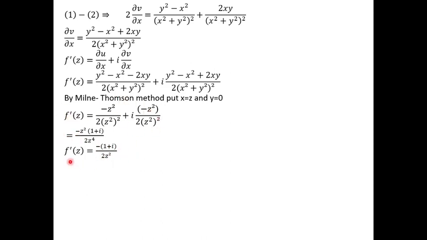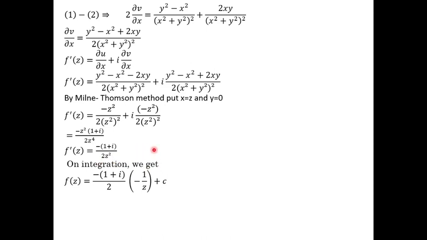Now apply the integration. Integration of f dash z is f of z, which is equal to minus (1 plus i), which is a constant, divided by 2, which is also constant. Take it outside. Minus of (1 plus i) whole divided by 2. And integration of 1 by z square. Integration of 1 by z square means we take z square to the numerator.